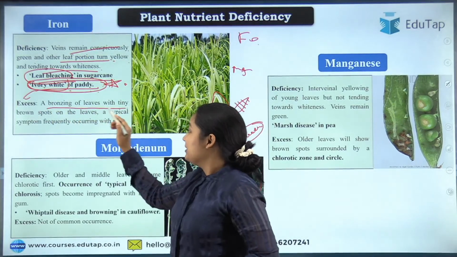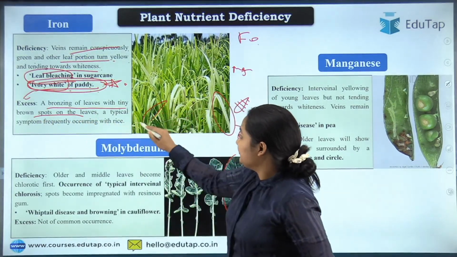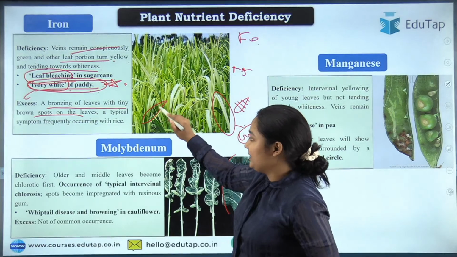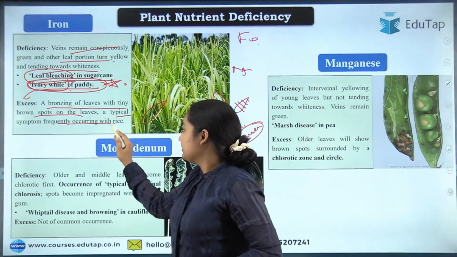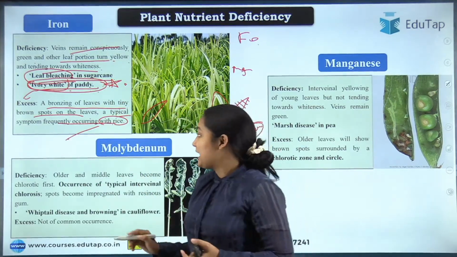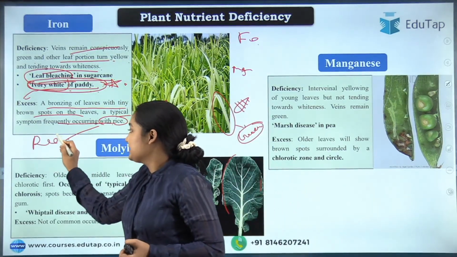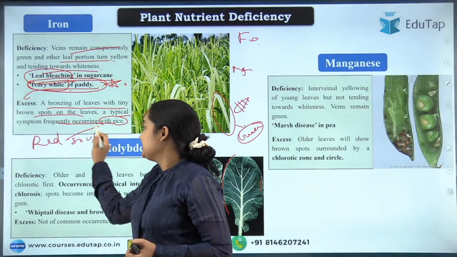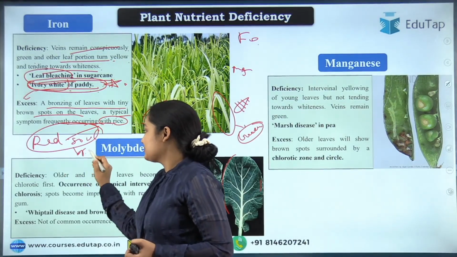Browning of leaf with tiny brown spots. So in the leaf, tiny brown spots will occur, a typical symptom frequently occurring in rice. In the types of soil we talked about, there is red soil, and it is seen red. Why? Due to excess of iron.